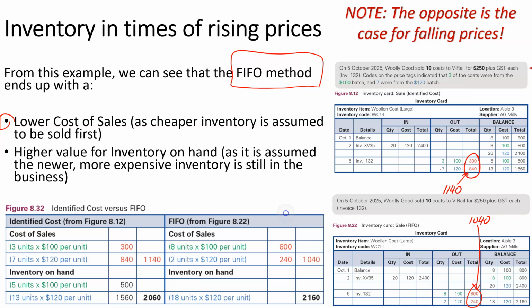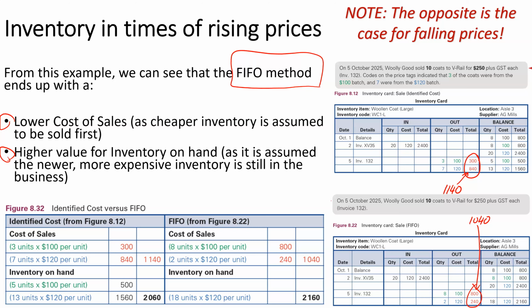So you can see that there has been more of the $120 stock taken out under identified cost than under FIFO, and that's leading to a change in cost of sales where it's actually become cheaper under the FIFO method. When there is a lower cost of sales, that means that there is typically, in rising prices, a higher value of inventory on hand.